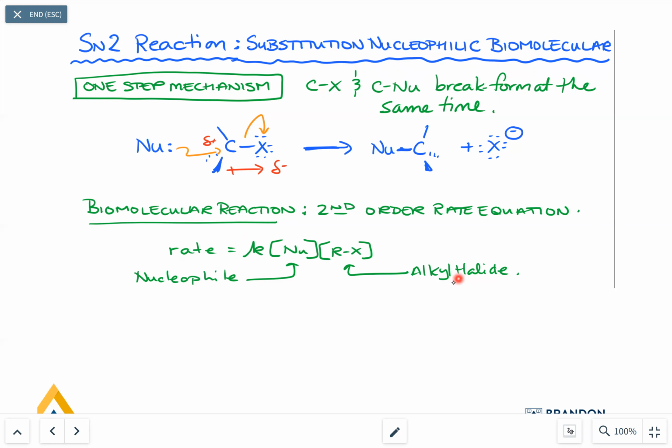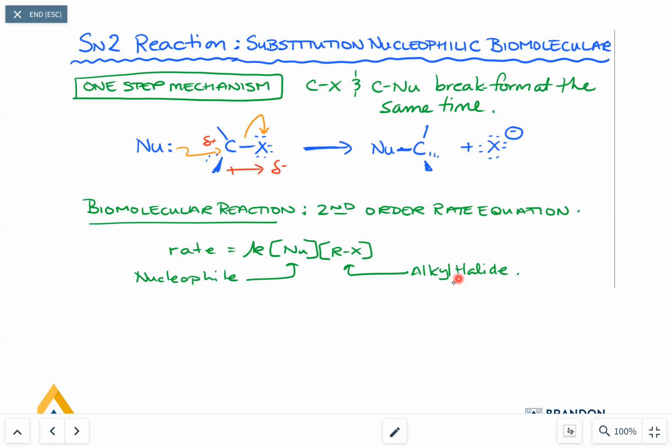One of the interesting things is the reason why I've colored this with different colored balls here. Remember, carbon can have 4 different substituents. If this nucleophile comes in and attacks on the opposite side and this leaving group leaves, this would be our structure. If the nucleophile attacked on the same side as the leaving group, we would have this.